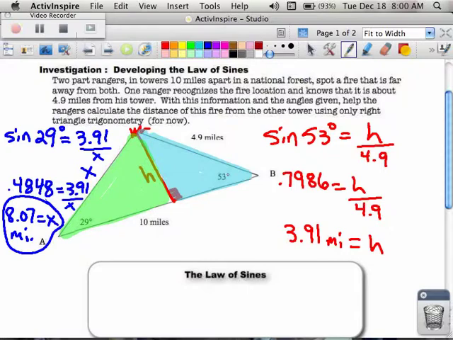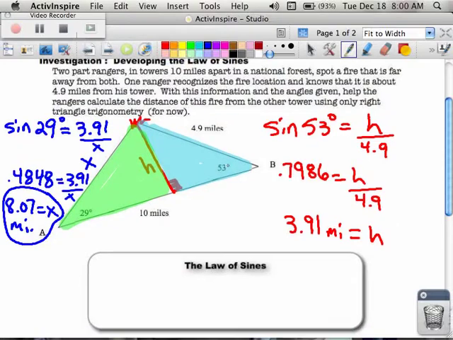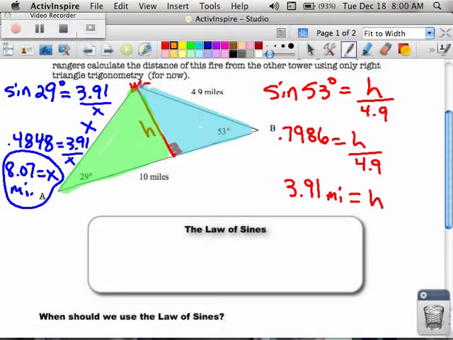And what this shows us in the end is that the ratios of the sines to their angles are equivalent because they match up with the height. The way that we're going to write that in our law of sines looks like the following.